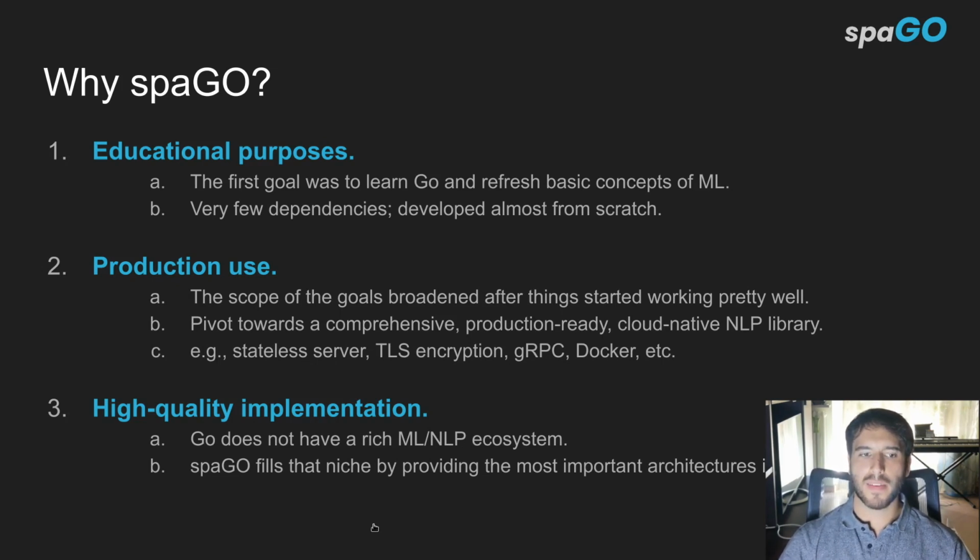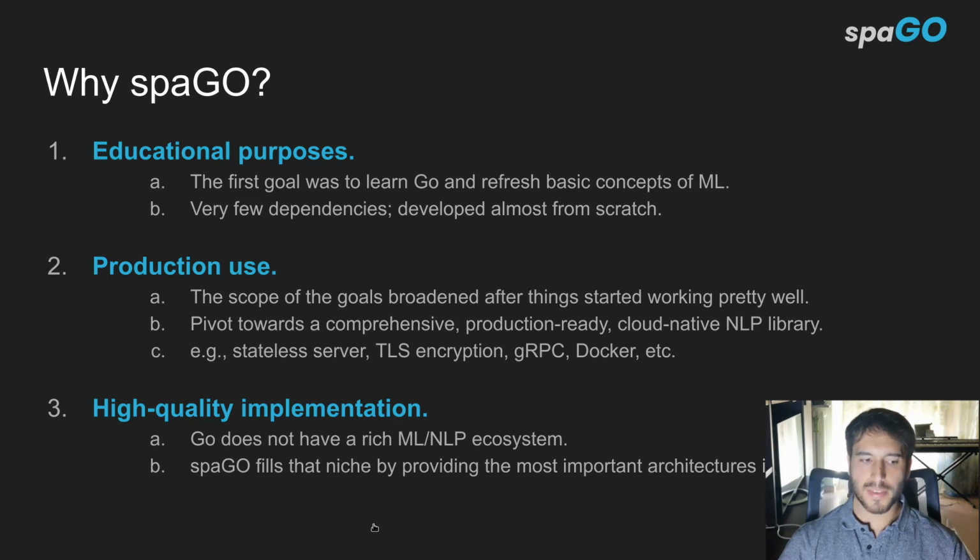In spaGO, you will find some dependencies, most of them are manual utils. And things start working pretty well. So the overall scope of the project is a comprehensive production-ready NLP library, where I also took care of stateless server, TLS encryption, gRPC communication, Docker containers, all the things that in my day-to-day work I have to use in production.